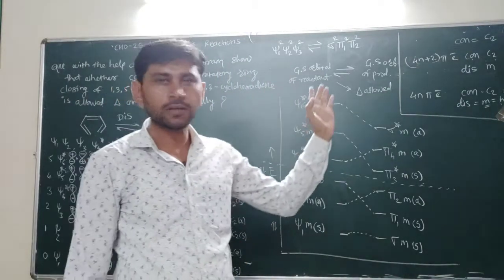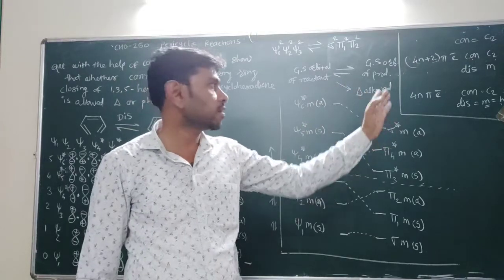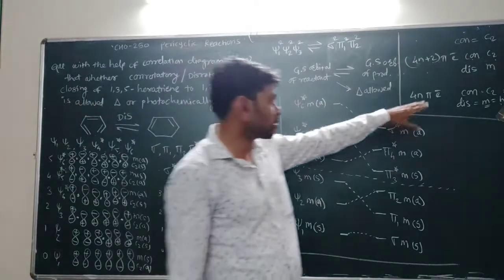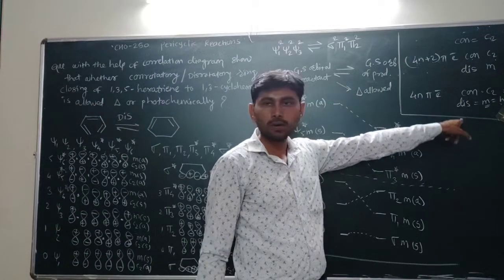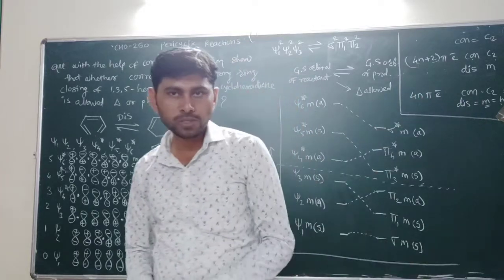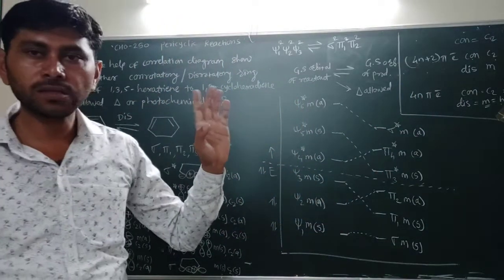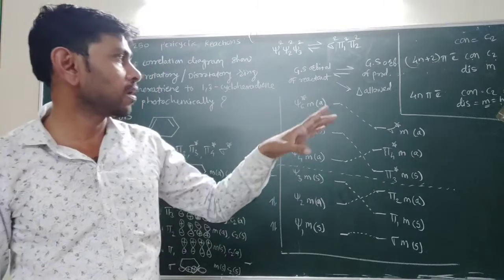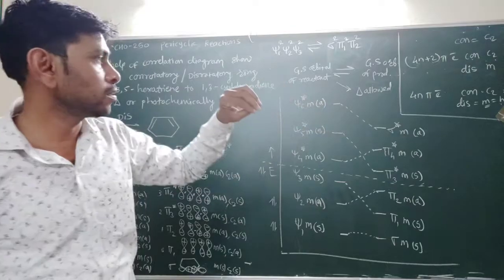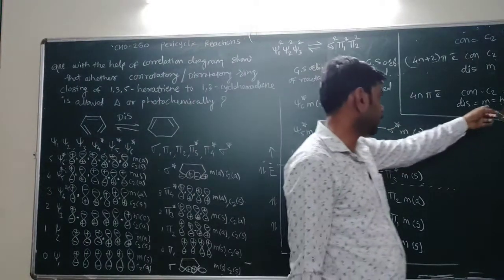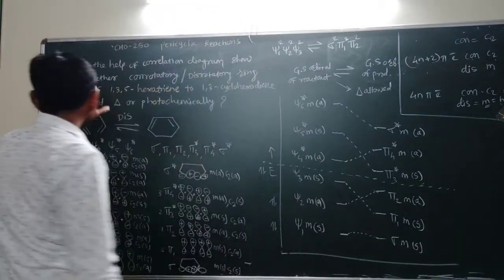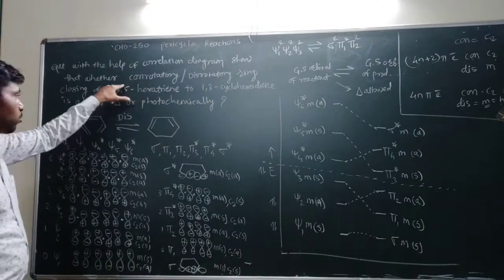By disrotatory motion M symmetry must be considered and the thermally allowed reaction is there. In the other system, the 4n pi electron system, when we consider conrotatory motion there must be C2 symmetry, and the reaction is thermally allowed. And here by disrotatory motion the reaction is photochemically allowed, and we have to consider M symmetry. So this is the explanation we can write with the help of the correlation diagram.